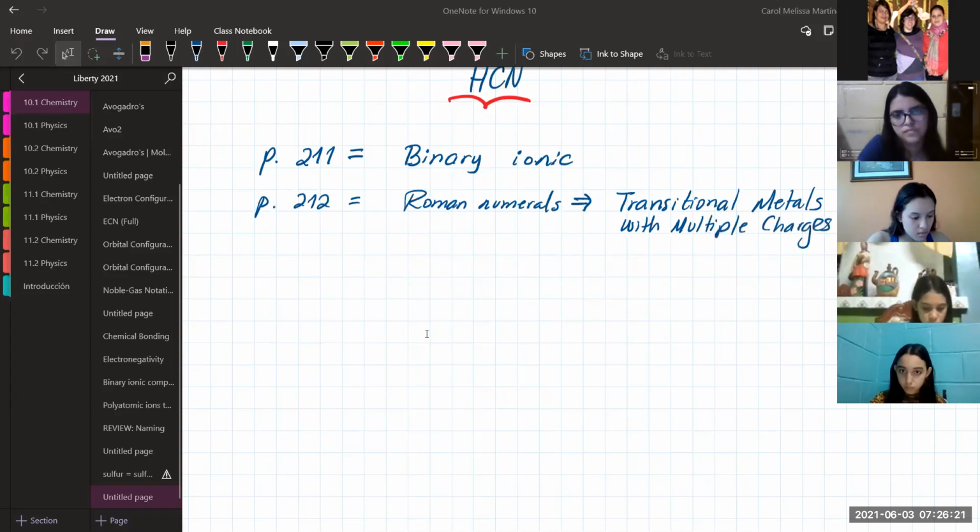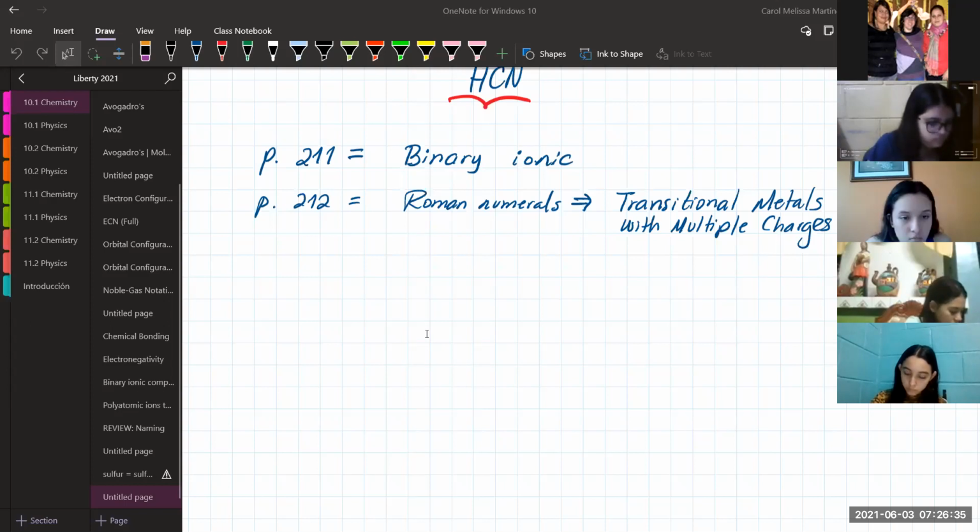This is the one that I consider is the most difficult for you. The page 212, but also the page 214. What is the difference between this page and the 214?